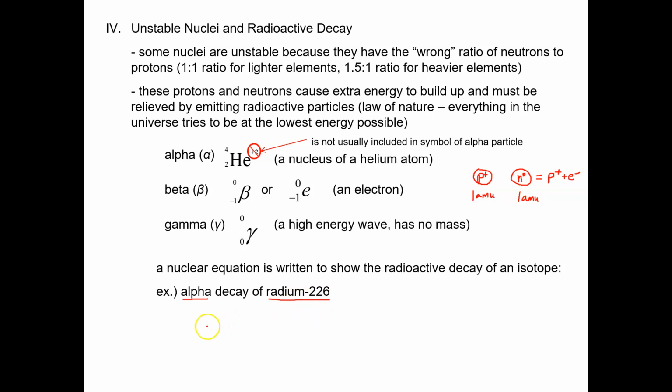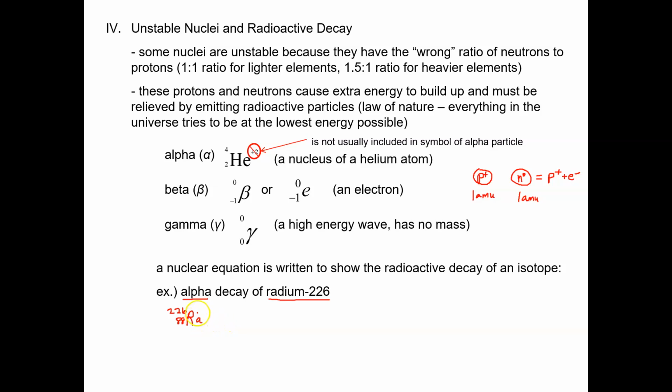So I need to look on the periodic table. I need to look up what the symbol for radium is. And then we're going to put 226 after it. So radium. We have 226 is the mass number. Right? And then we have to fill in the atomic number. The atomic number is 88.